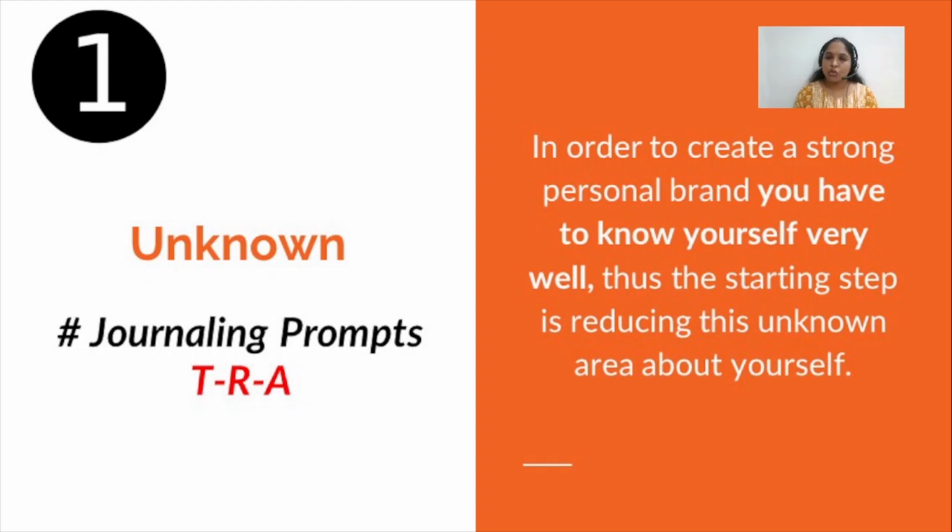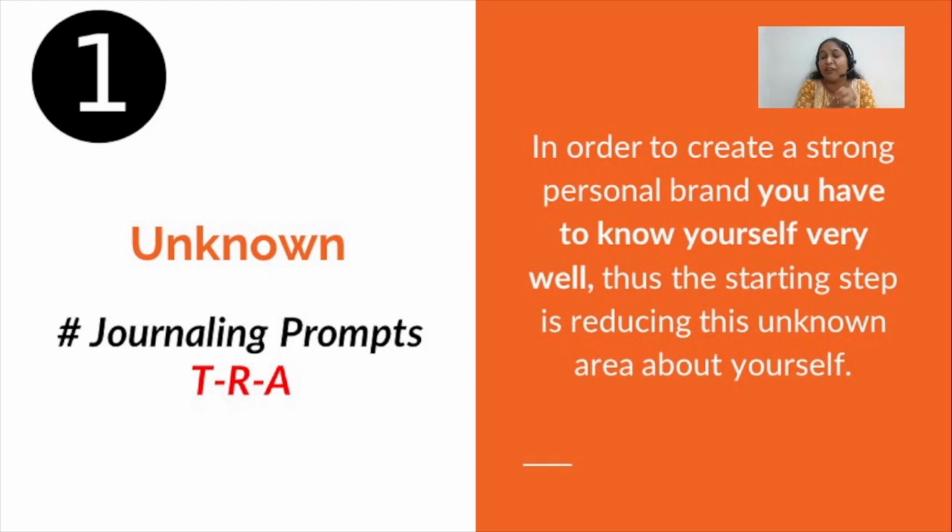When we talk about personal branding, if you remember, we said that the definition of an individual is very important. That's the essence of personal branding. We will not be able to calibrate its full potential unless we know ourselves well. That is why the first layer in the pyramid is unknown. As individuals we need to reduce this quadrant of unknown to the minimal.